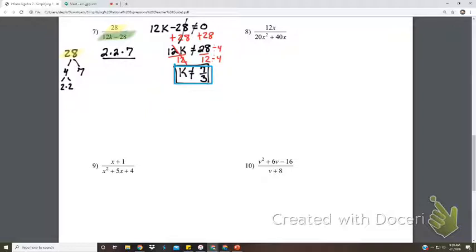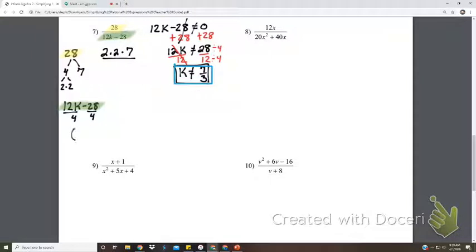Now the bottom expression, the denominator, was 12k minus 28. So I'm going to be looking for that greatest common factor. What could we divide both of these values by? And in this case, they both are divisible by 4, kind of like when we simplify the fraction.